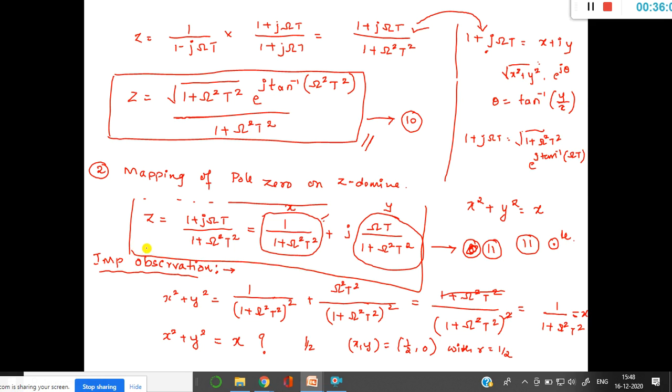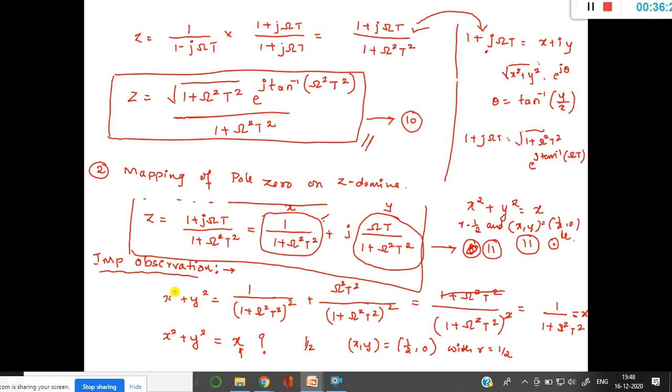That's it. A circle equation with radius r equal to 1 by 2, and the coordinate x comma y is equal to 1 by 2 comma 0. Y coordinate is totally 0, you don't have a y coordinate here, and x coordinate is going to be 1 by 2.